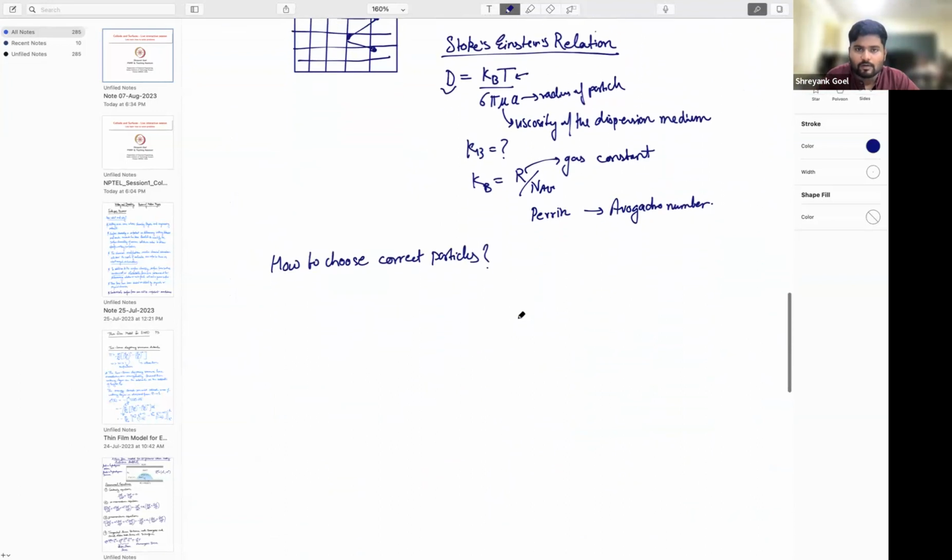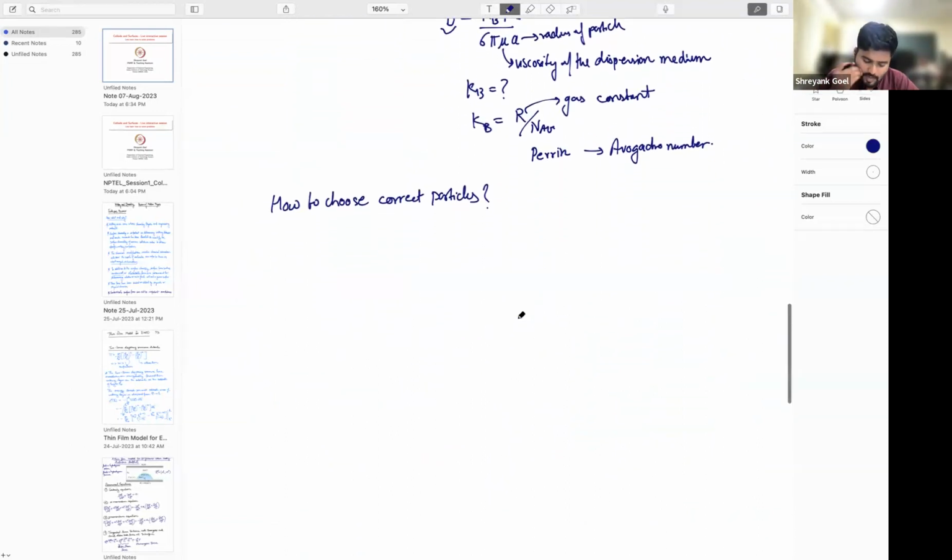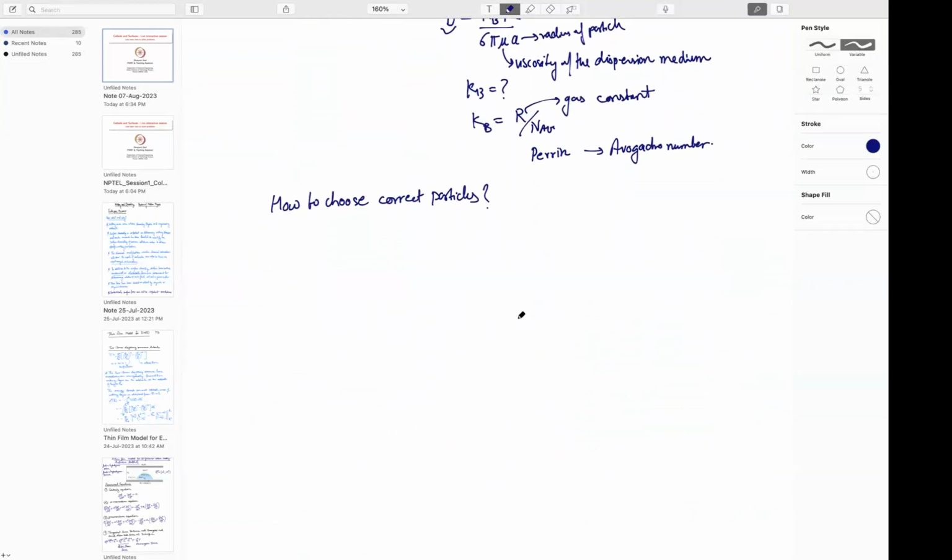Now, Debran, you are saying something? Yeah, you're asking how to choose the correct particles.